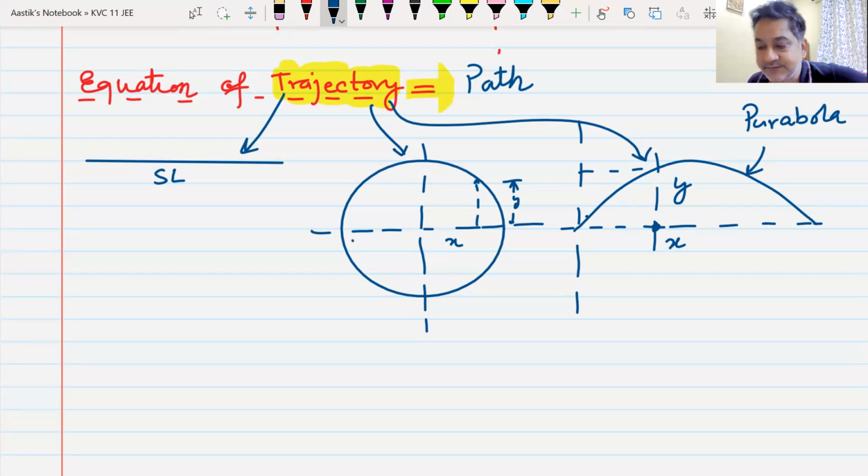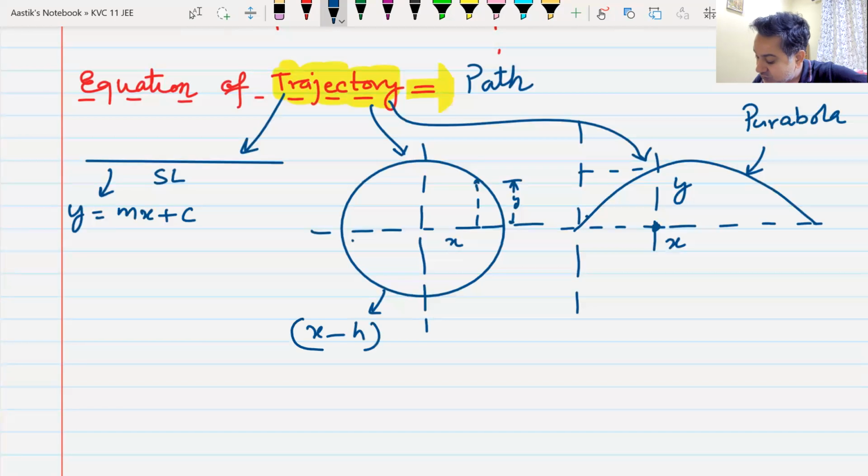Do we understand this? Now, to know the equation, you must be knowing the equation of a straight line. The equation of a straight line is y is equal to mx plus c. Yes or no? You must be knowing the equation of a circle. The general equation of a circle, if I remember correctly, is x minus h, the whole square, plus y minus k, the whole square, is equal to r square. Am I correct?